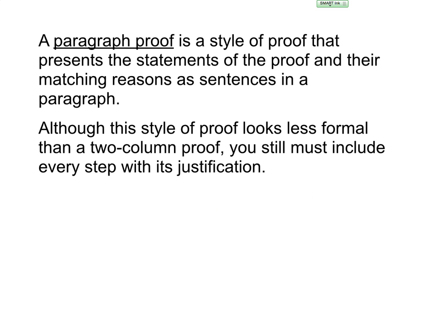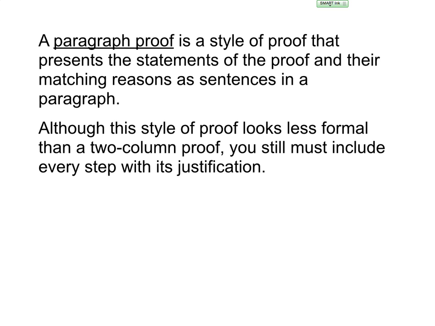Okay. All right, here's the paragraph proof information. It's a style of proof that presents the statements of the proof and their matching reasons as sentences. So they're going to connect the statement and the reason with a linking word like because. This because of the definition of congruent segments.